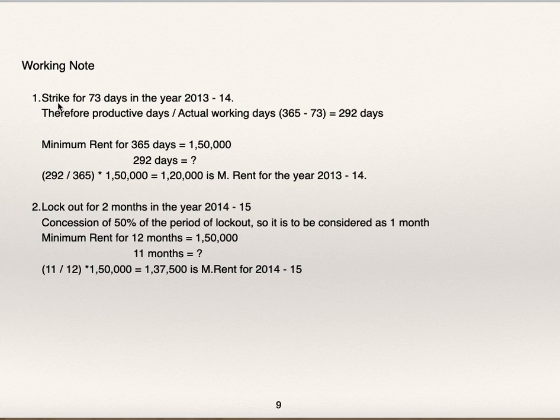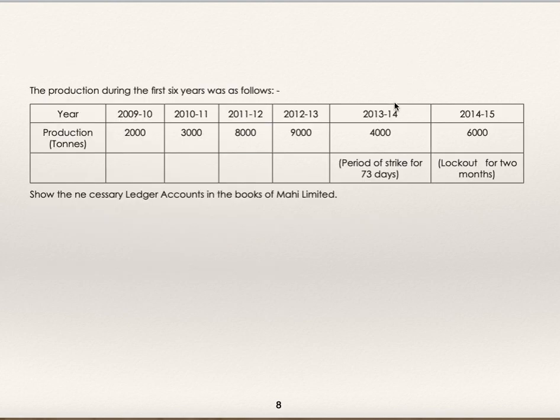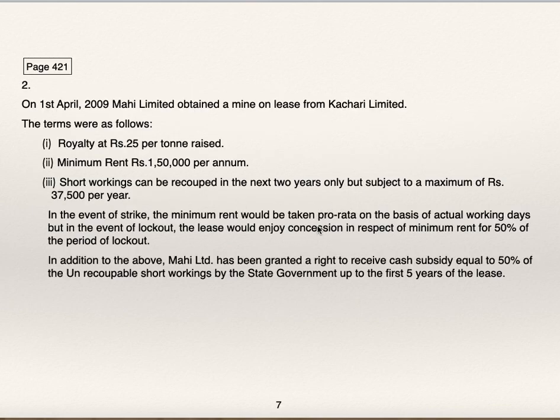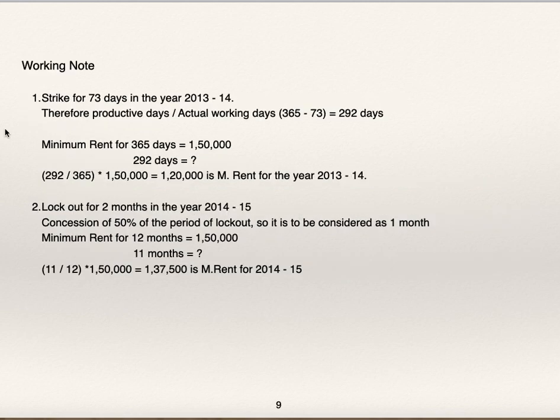Now first we'll work out minimum rent for the year when there was strike and lockout. For the year 13-14 there was strike for 73 days, and in case of strike minimum rent would be taken pro rata on the basis of actual working days. 73 days strike, so actual working days are 365 minus 73, which is equal to 292 days.